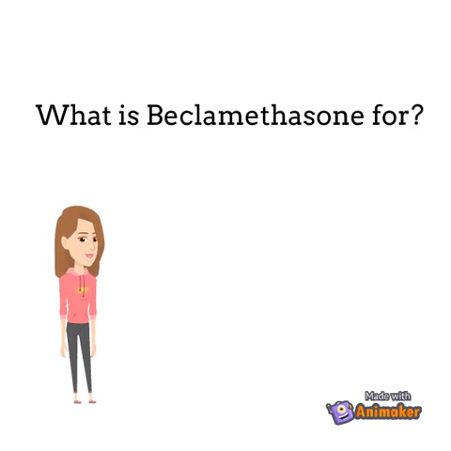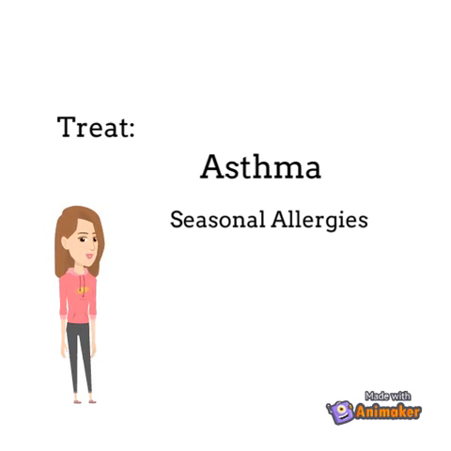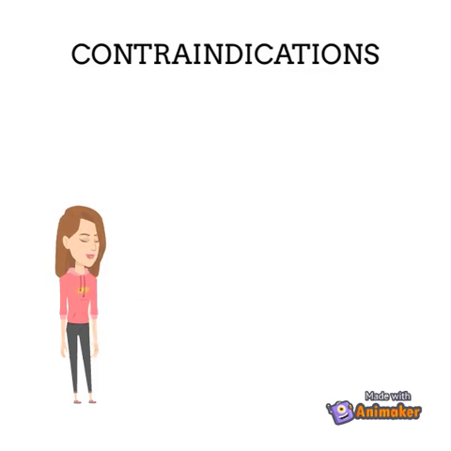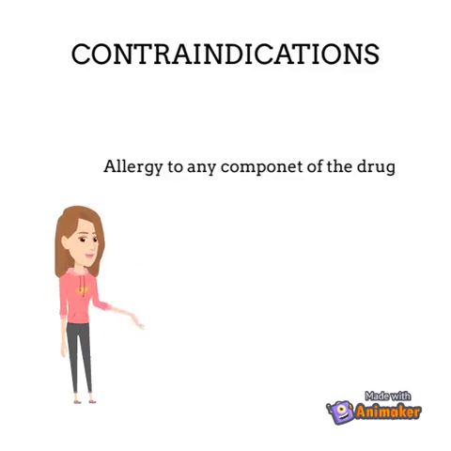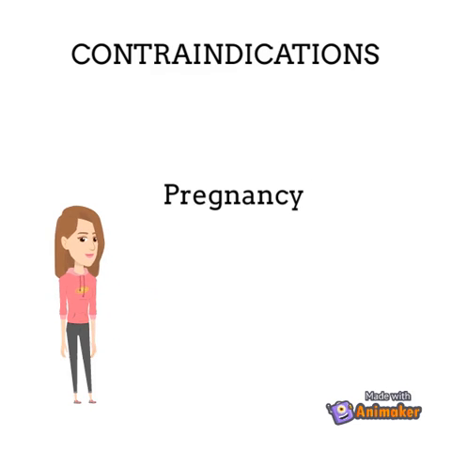Beclomethasone is indicated to treat asthma, seasonal allergies, or perennial allergies, including allergic rhinitis. However, it is contraindicated in allergy to any component of the drug, acute infection, diabetes, other endocrine disorders, and pregnancy.